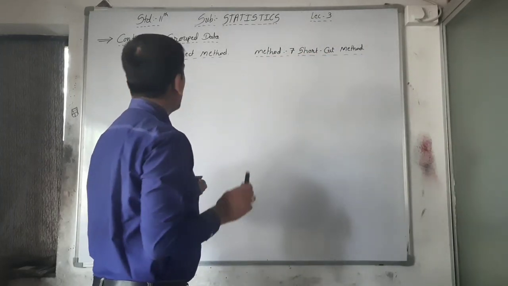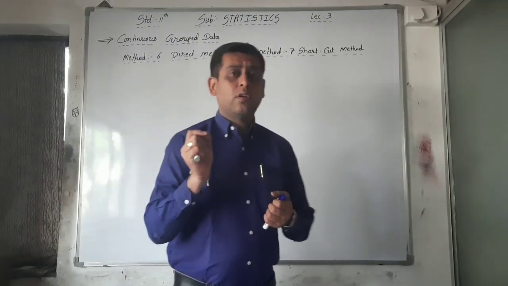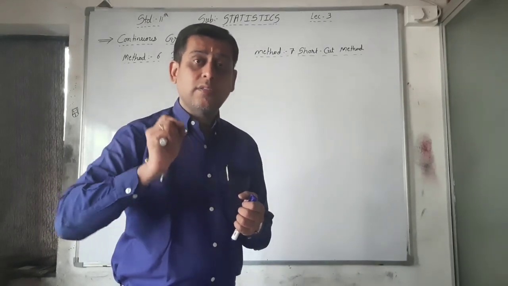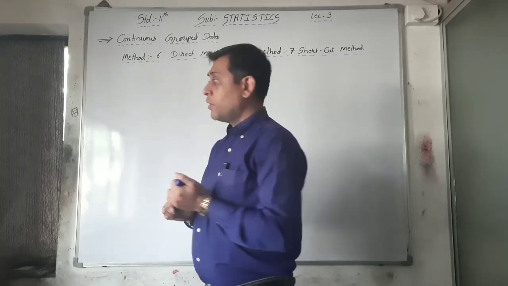See, for continuous group data, the formula for the mean, that is x bar, is the same as discrete group data. The formula is x bar is equal to sigma fi xi upon n.